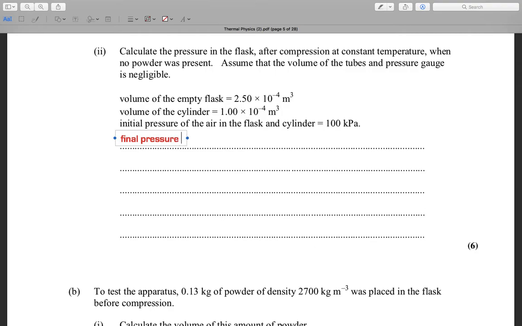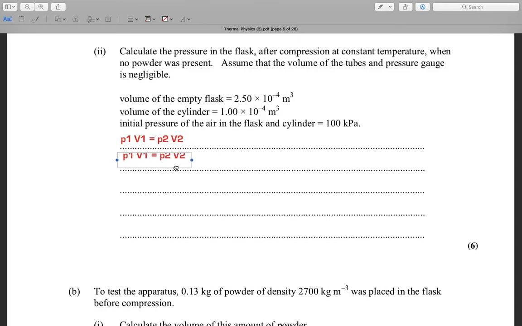We use the formula P1V1 equals P2V2, the Boyle equation.